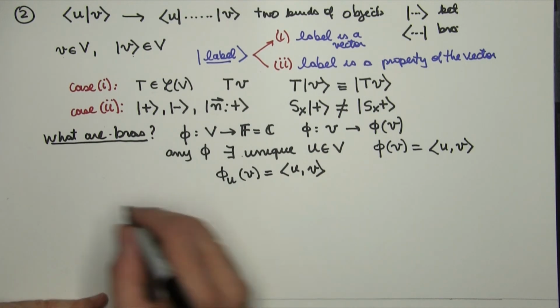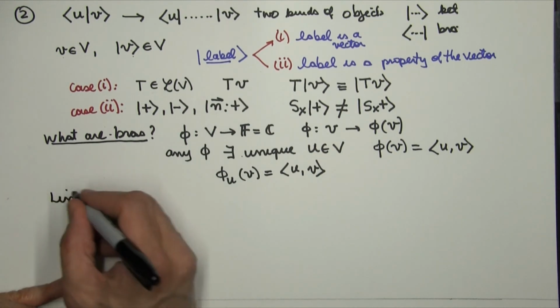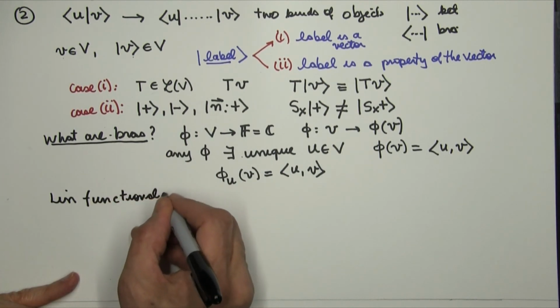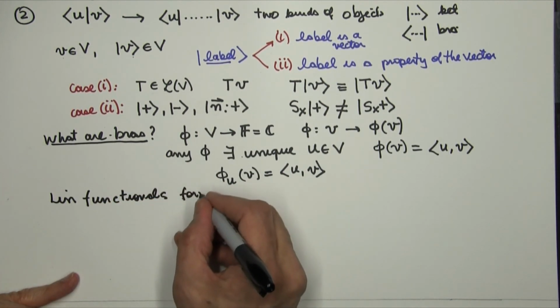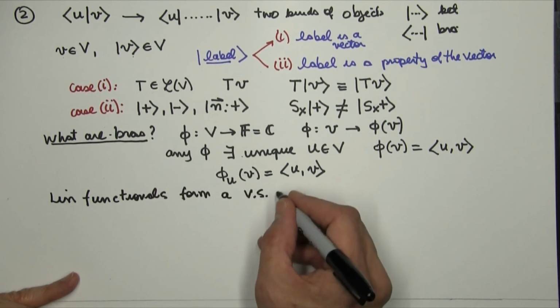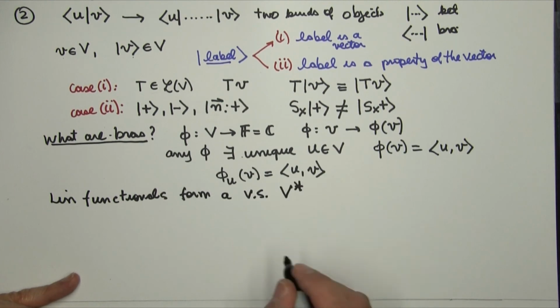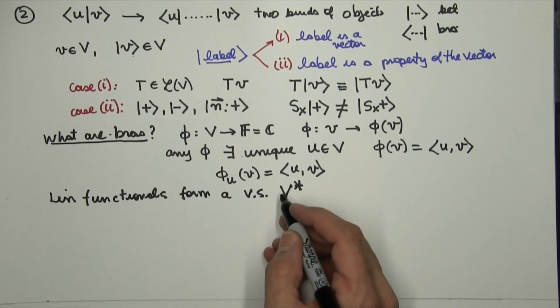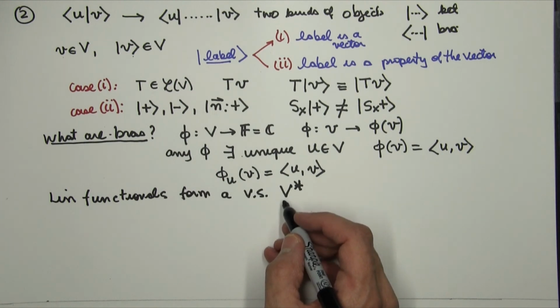So the linear functionals form a vector space V star. The space V star is the space of linear functionals.